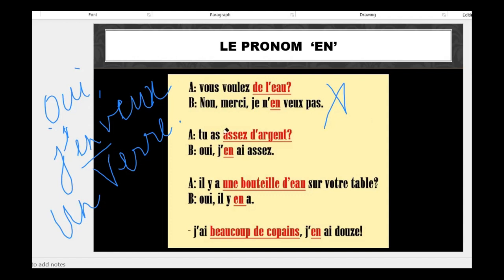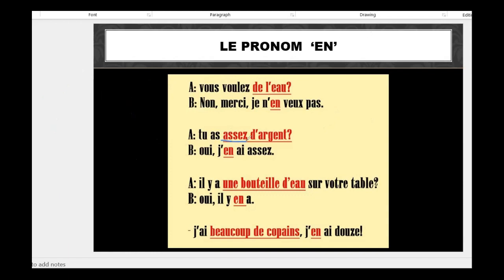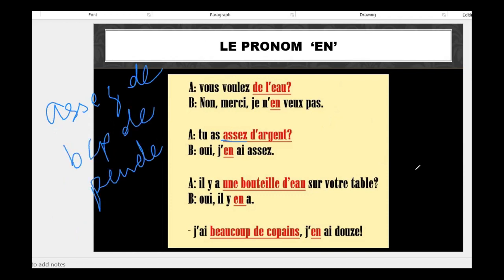The second example, tu as assez d'argent. Here assez is also the quantity. If you remember, we did that topic, les adverbes de quantité: assez de, beaucoup de, un peu de, moins de, plus de, trop de, tant de, etc. So here, tu as assez d'argent.